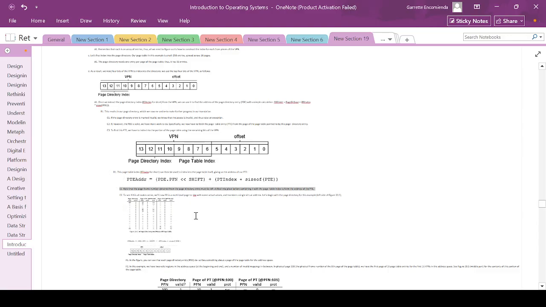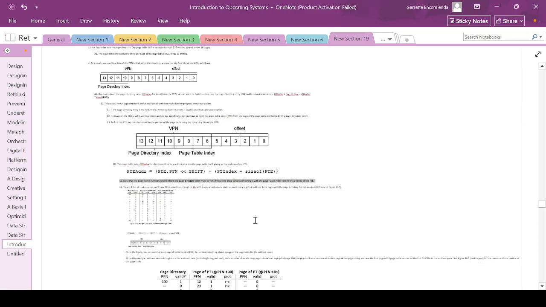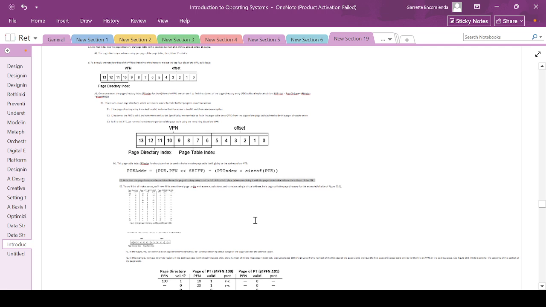Note that the page frame number obtained from the page directory entry must be left shifted into place before combining it with the page table index to form the address of the PTE.